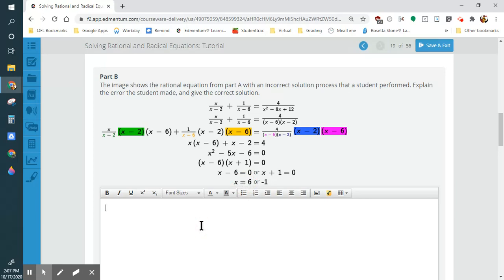So in other words, 6 cannot be an answer because it would make the denominator 0, which cannot happen mathematically.